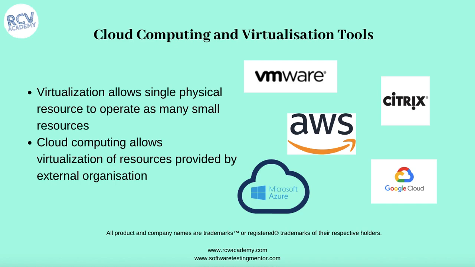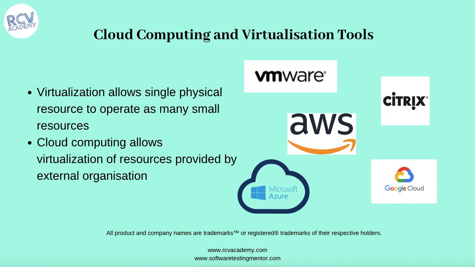So rather than having all the hardware and software for the machines in your company's data center, you can utilize cloud computing services, and you can also use virtualization from VMware, wherein you can have a big server and virtualize it into smaller, different machines with different configurations, so that you can have different combinations of virtual machines to use for testing.